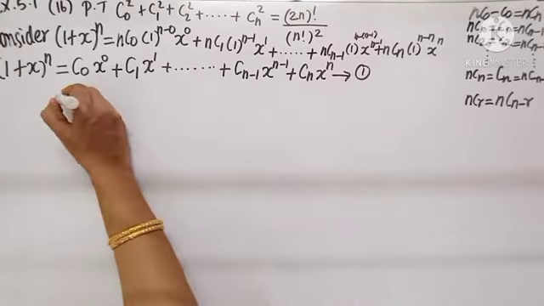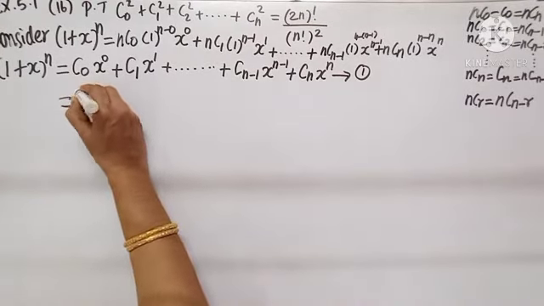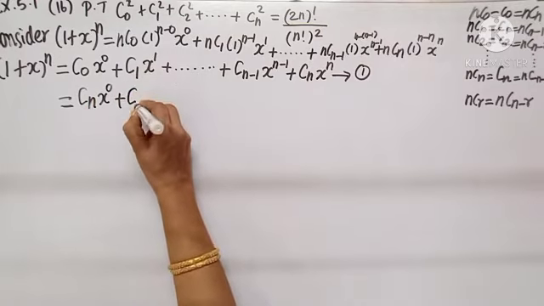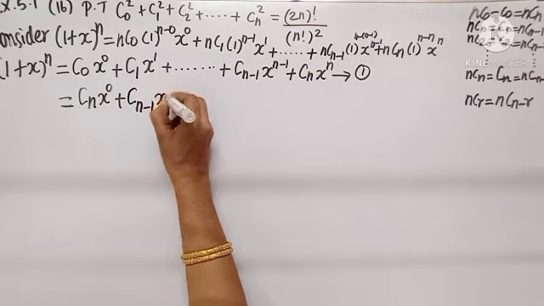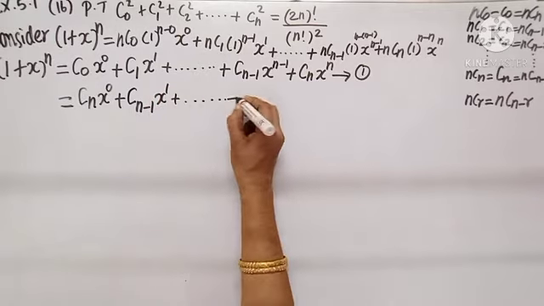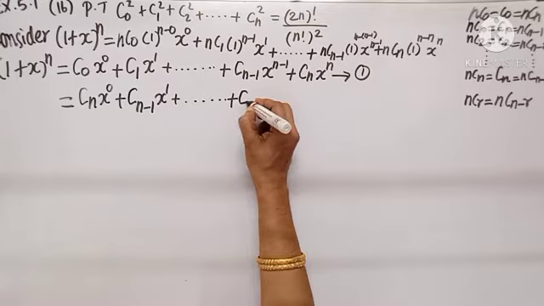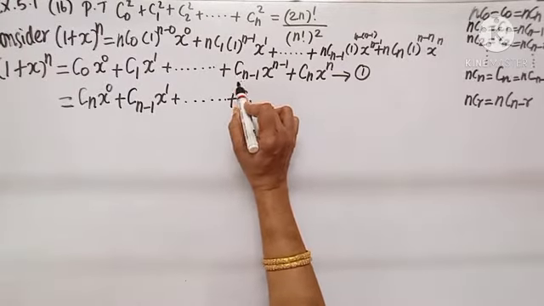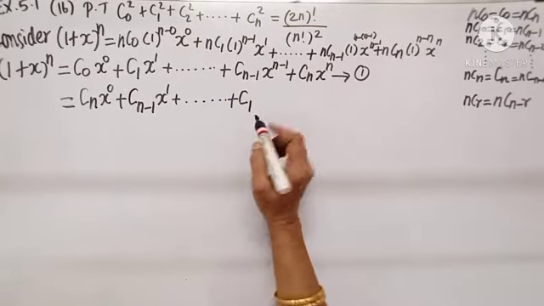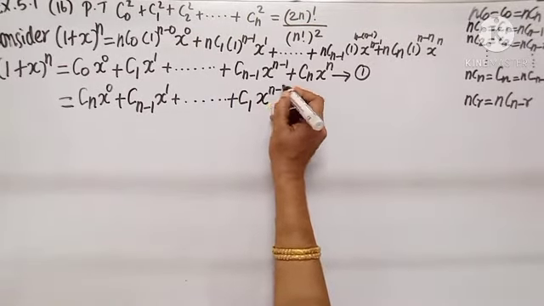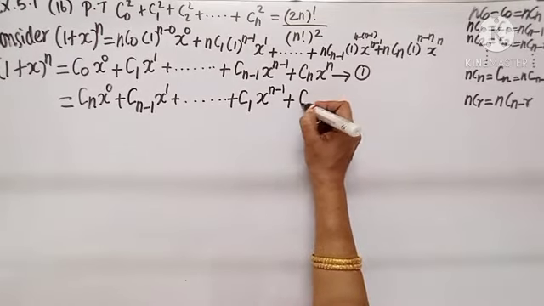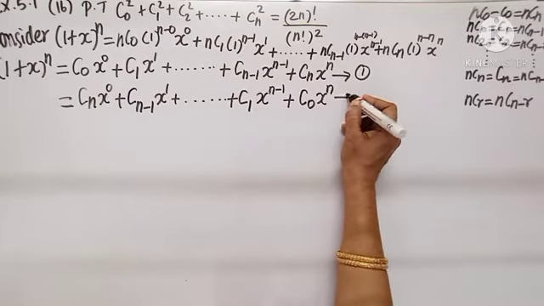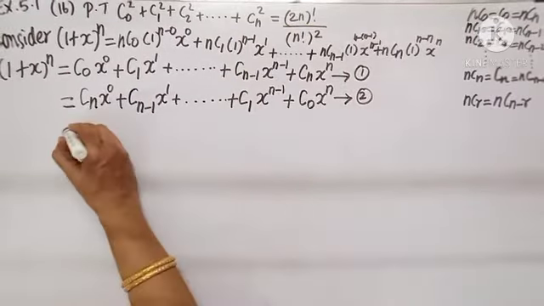So the next step, instead of C0, I can write Cn. Instead of C1, I can write C(n minus 1) and so on. Instead of C(n minus 1), I can write C1, which will become C1 x power n minus 1 plus Cn will become C0 x power n. Call this number 2.